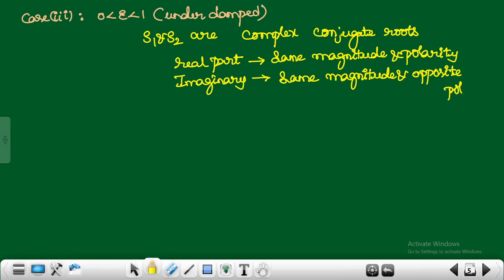So this is the case where S1 and S2 are complex conjugate roots, which is called the under damped condition.